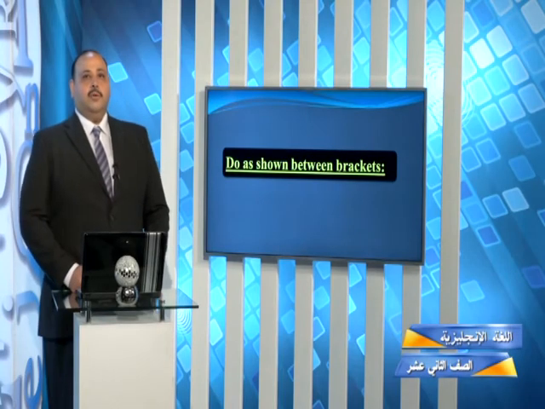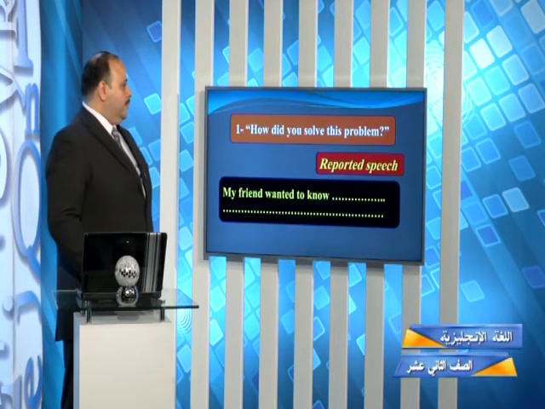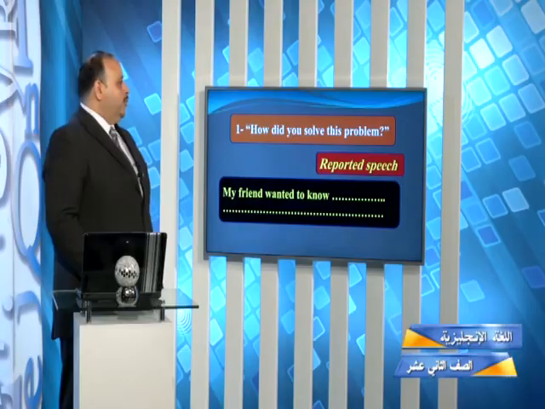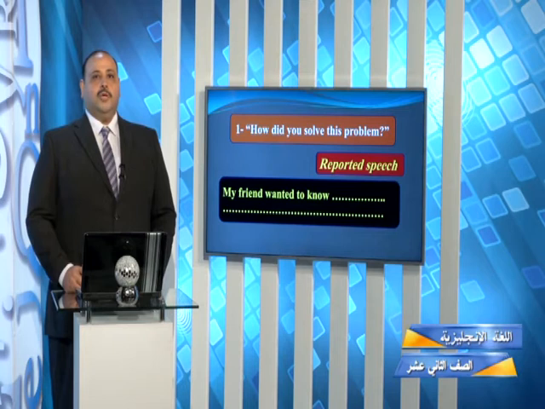All right, here we move to the second type of question about grammar, which is related to "do as shown between brackets." In each question, you have to know what exactly you should do. Let's take it one by one. How did you solve this problem? Reported speech. My friend wanted to know. Again, reported speech means that you report what you hear to someone else.